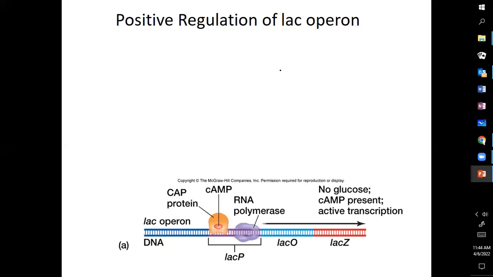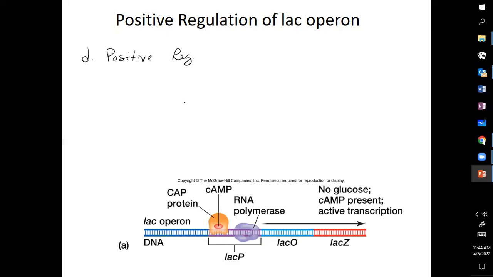One last dive into the LAC operon is that the major mechanism of regulation of gene expression for this LAC operon is the negative regulation by the repressor protein. But there's also positive regulation that does occur. So let's touch on the positive regulation of the LAC operon.